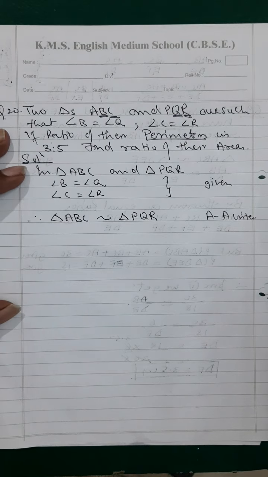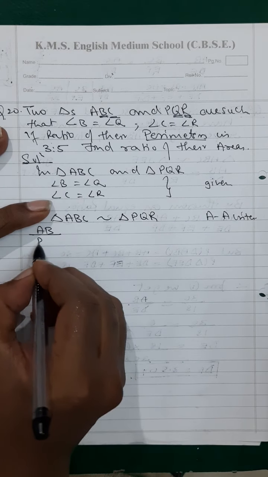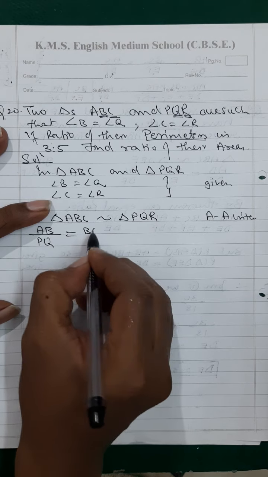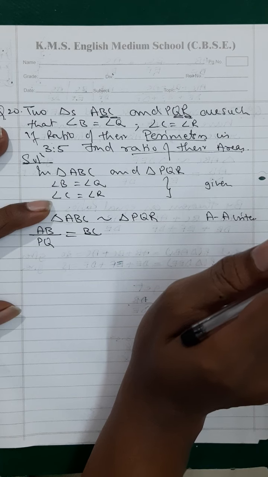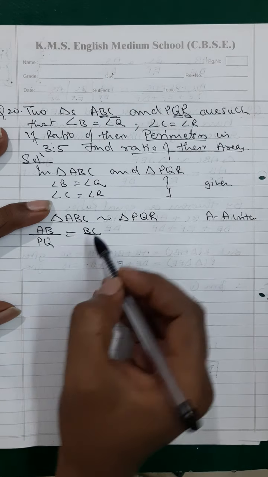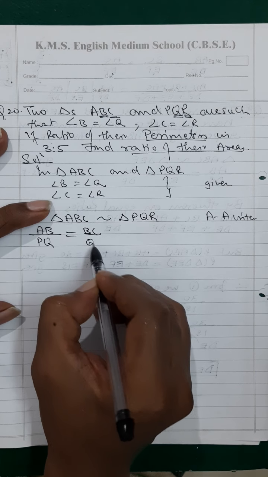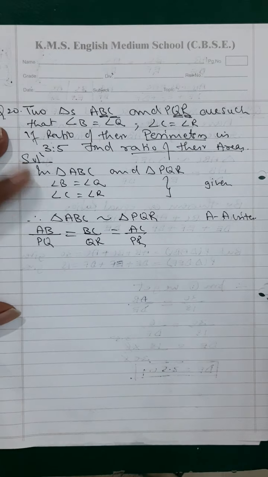So these are similar. Now straight away you can say AB upon PQ is equal to BC upon QR is equal to AC upon PR. But remember, they have asked you the ratio of their areas, so areas of triangles will also come into the picture.